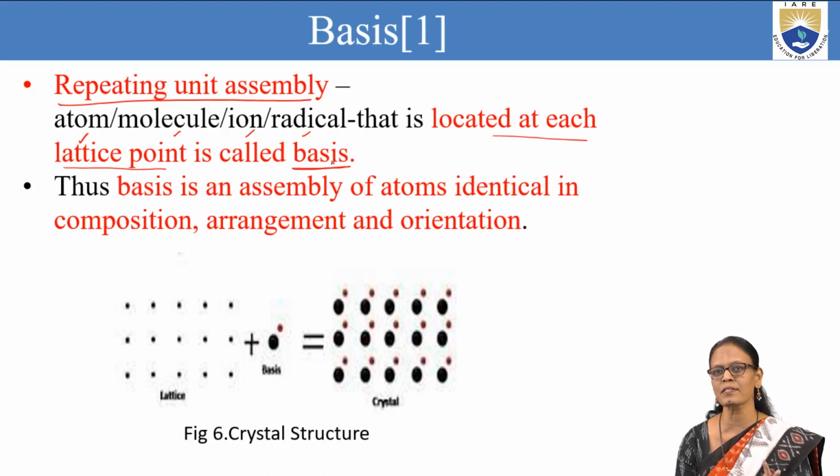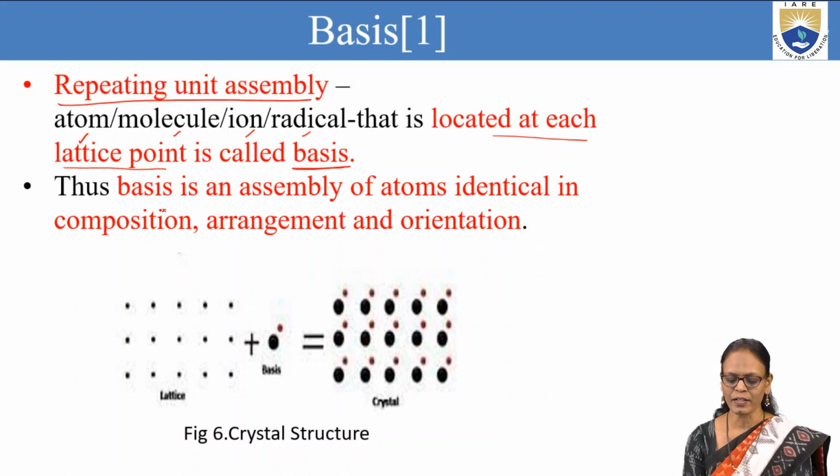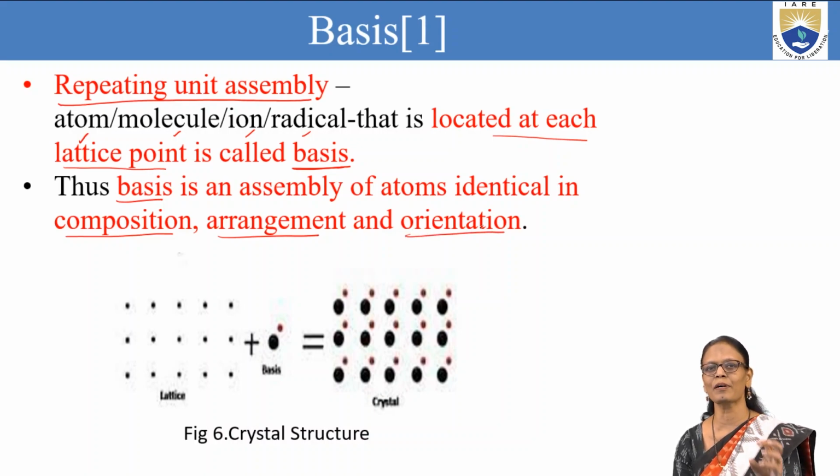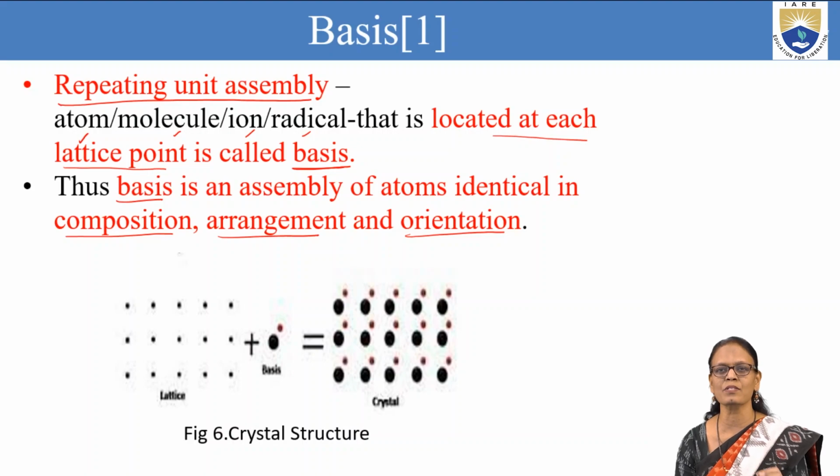So, what is a basis? It is a repeating unit that is placed at each lattice point. And a basis is an assembly of atoms identical in composition, arrangement and orientation. So, whenever we are talking about basis, the basis has to be identical atoms.